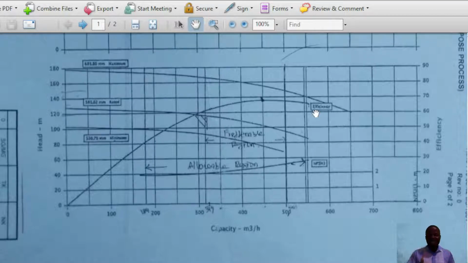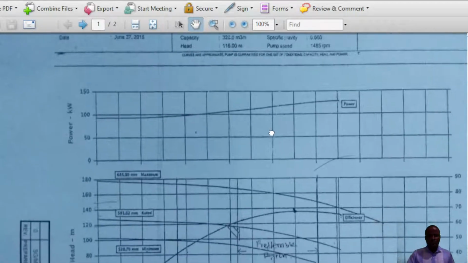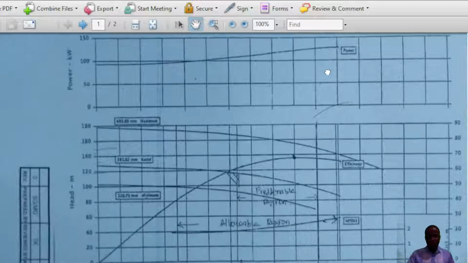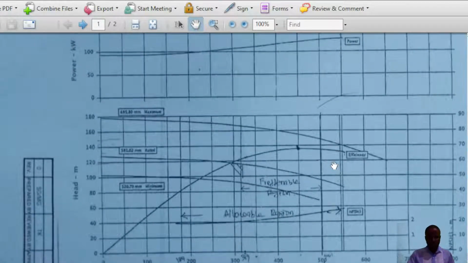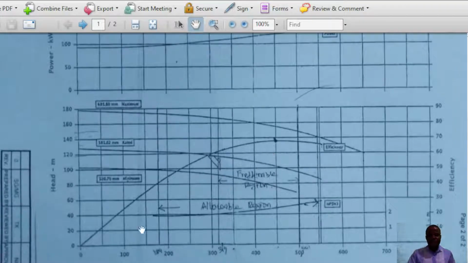Okay, in this case your N is what? Your pump speed is 1485 RPM. So when you come here to get your Q at BEP, you take your efficiency curve.